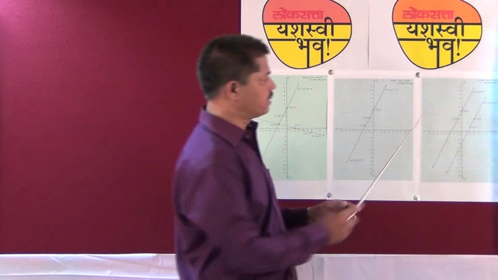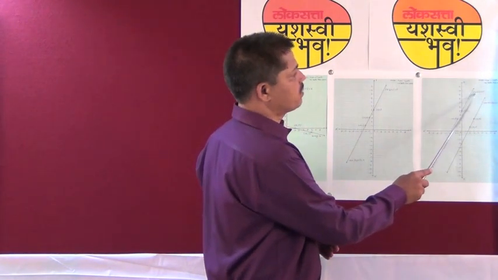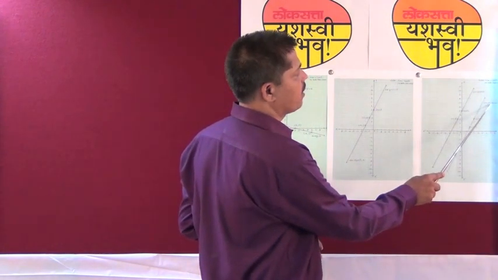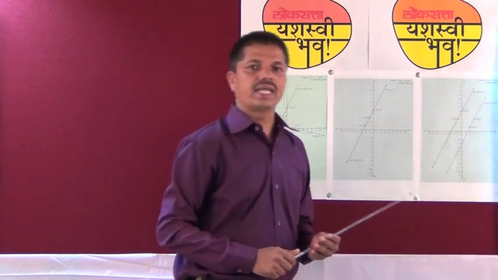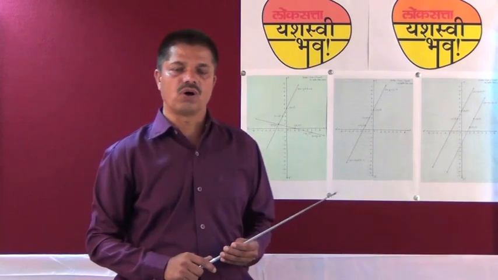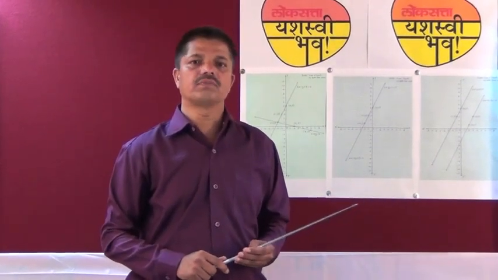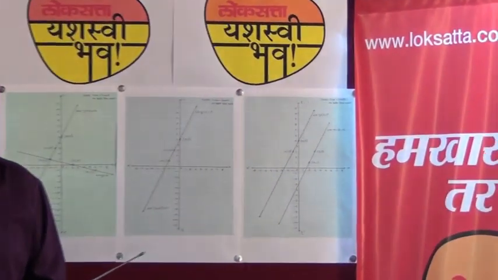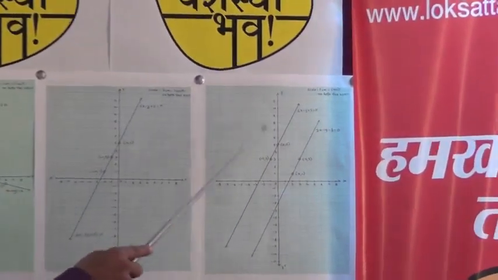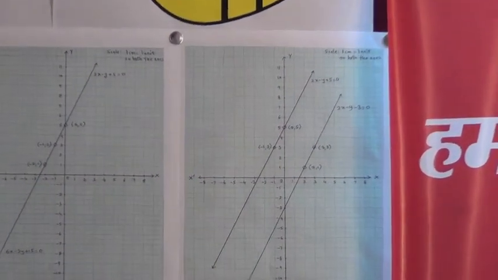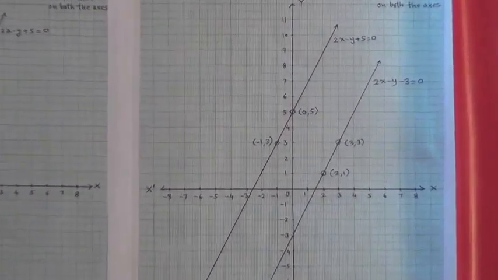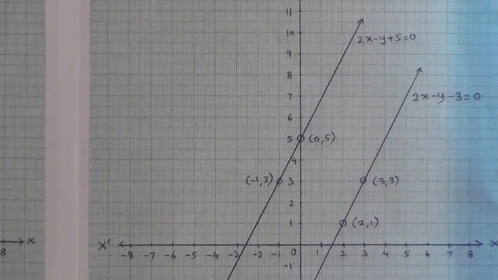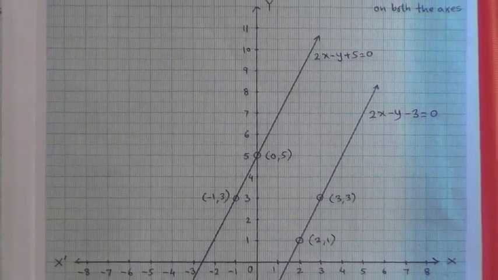Let us take another example. The equations 2x minus y plus 5 is equal to 0 and 2x minus y minus 3 is equal to 0. Again, express these equations in the general form and get the values of a1, b1, c1 and a2, b2 and c2. You will find here that the two lines are parallel to each other, and a1 upon a2 is equal to b1 upon b2 is not equal to c1 upon c2.